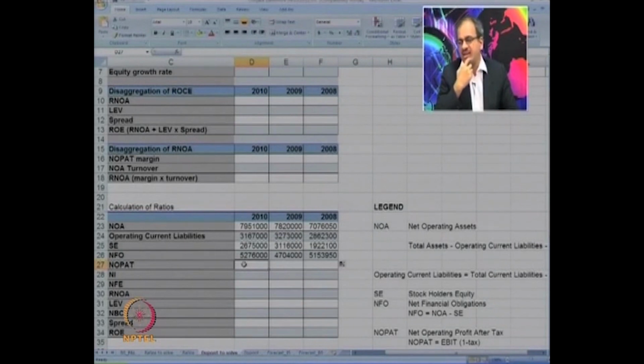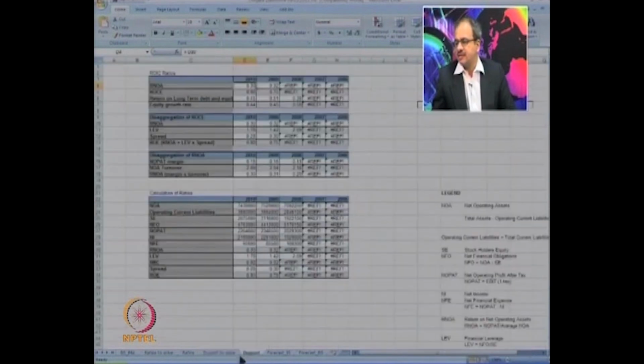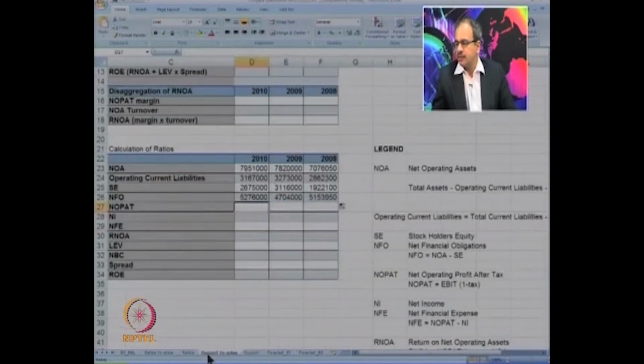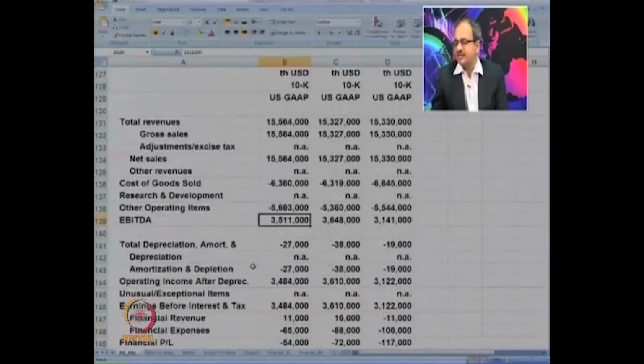Next is NOPAT, which you are aware, it is net operating profit after tax. So, 1 minus tax. So, I think we have to first go to P&L account and look at the tax rate.